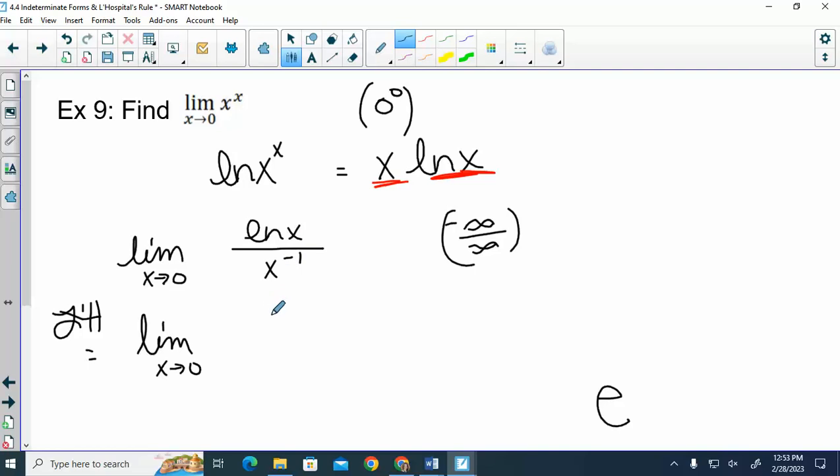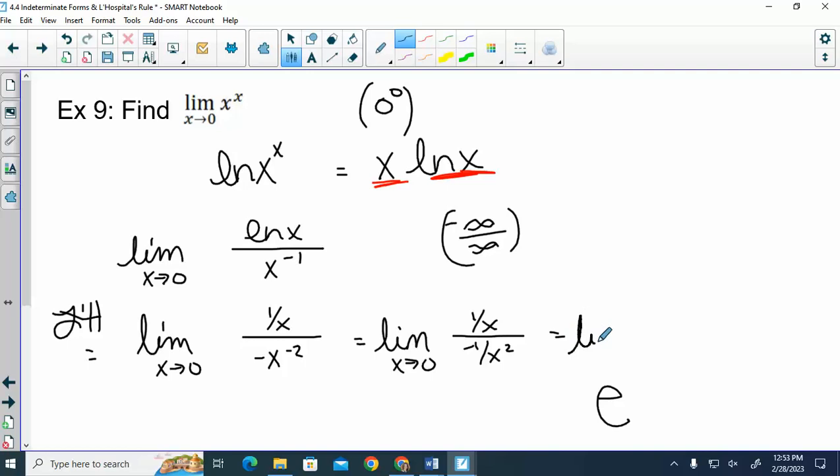So derivative of the natural log x is 1 over x. Derivative of x to the -1 is negative x to the -2. So this is 1 over x divided by -1 over x squared. How do you divide fractions? Multiply by reciprocal.